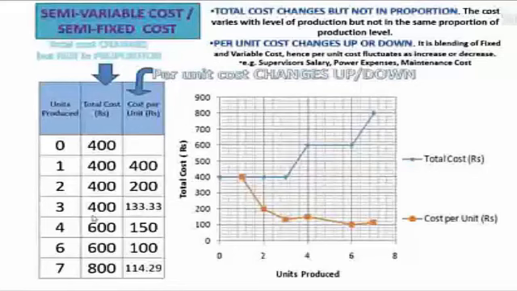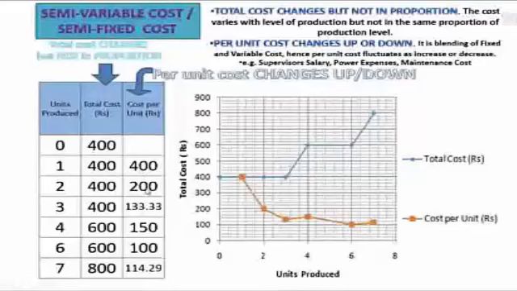If our production is increased to 2 units, we notice that our cost is not increasing. It is remaining at 400 only, total cost. But if you calculate per unit cost, that works out to 200 rupees. So here the total cost of 400 has remained same. There is no change in this total cost, whereas per unit cost has got reduced to 200.